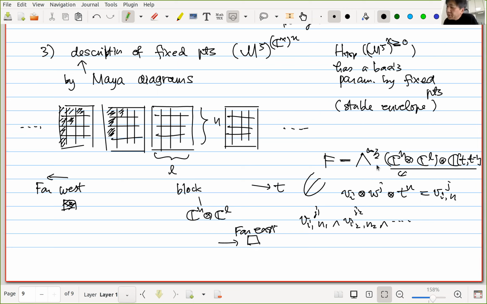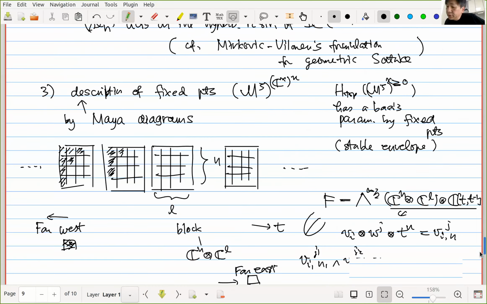So Fock space has this basis, and that is realized by the fixed points, as I just said; this corresponds to the basis given by fixed points. And in this way, you can show that the direct sum of top degree homology groups of this attracting set is isomorphic to Fock space.